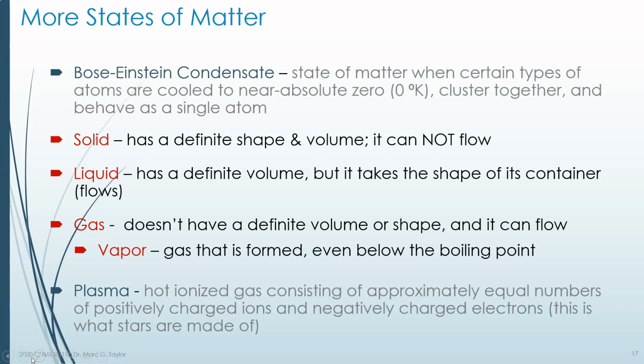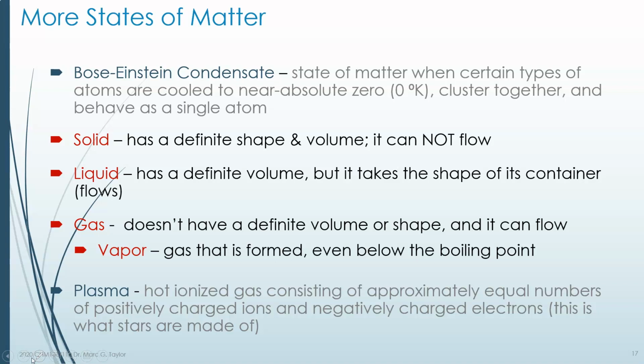In addition, we have these two other states of matter that aren't as important in this class, but they are important in the rest of the world. Plasma is hot ionized gas. So if you warm up a solid, it will typically turn into a liquid. A liquid will frequently turn into a gas or vapor when you warm it up.